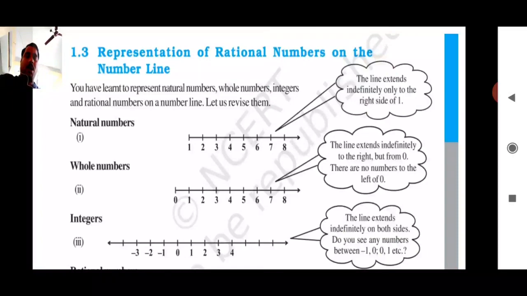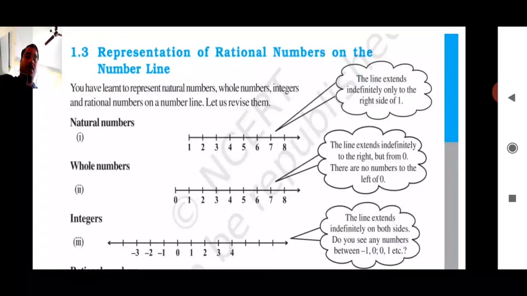Because natural numbers start from 1, the number line representing natural numbers starts from 1 and extends infinitely to the right side of 1. Here it is clearly mentioned in the image that the line extends indefinitely only to the right side of 1. If you want to represent whole numbers on a number line, then the number line starts from 0 and extends infinitely on the right side of 0.